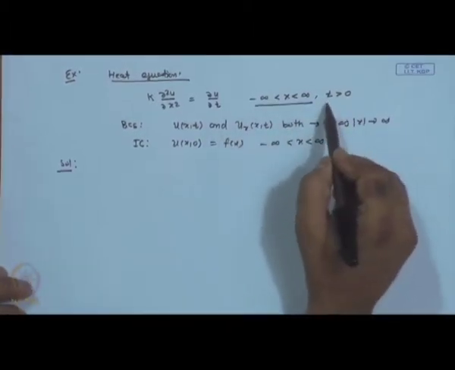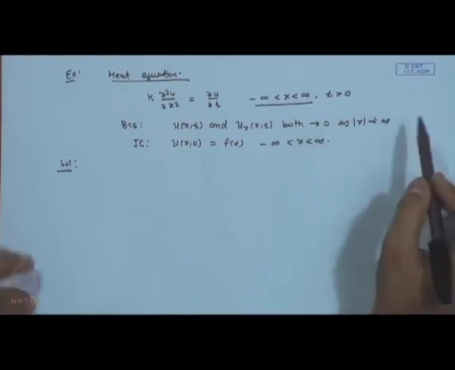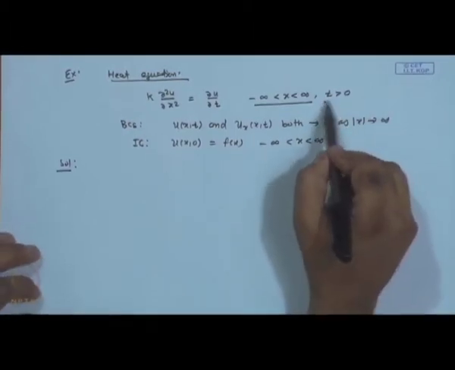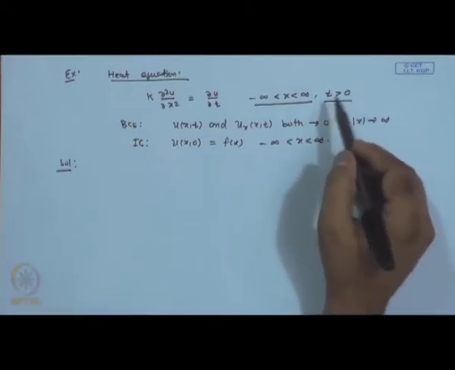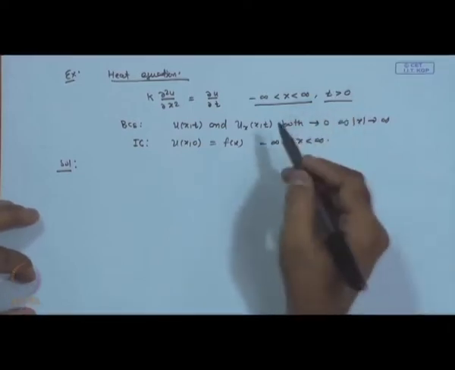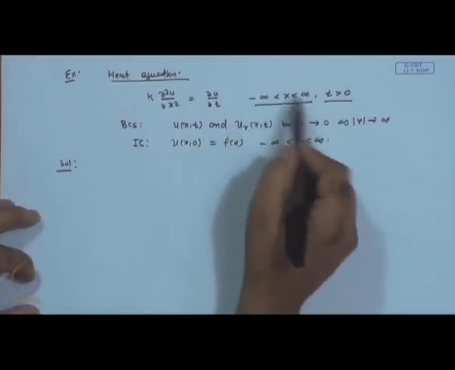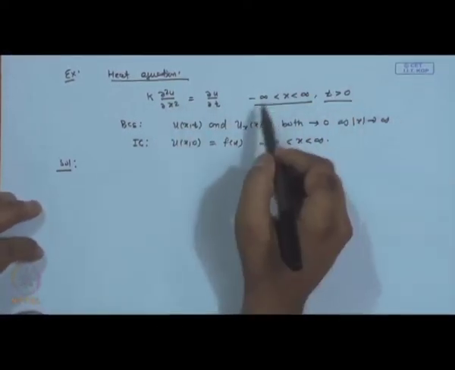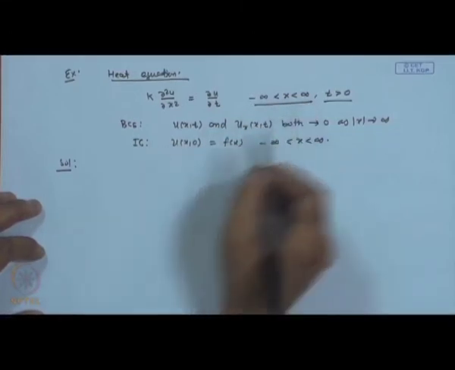Just remember, for the Laplace transform we applied the transform with respect to t, because t can vary from 0 to infinity, but now we will apply it for the x variable from minus infinity to plus infinity.